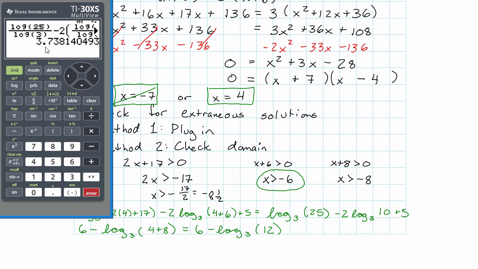And that's that awful decimal, 3 and a bit. Right-hand side, we have 6 minus the log base 3 of 12, which is log of 12 over log of 3. And we get exactly the same awful decimal. Even though those don't work out to nice numbers, we do get the same number on both sides. Those really are equal.